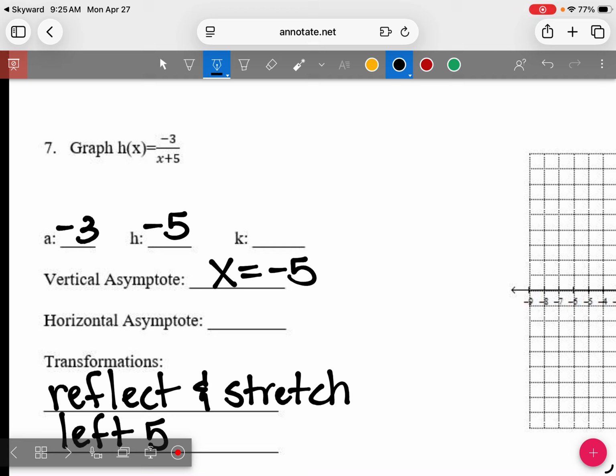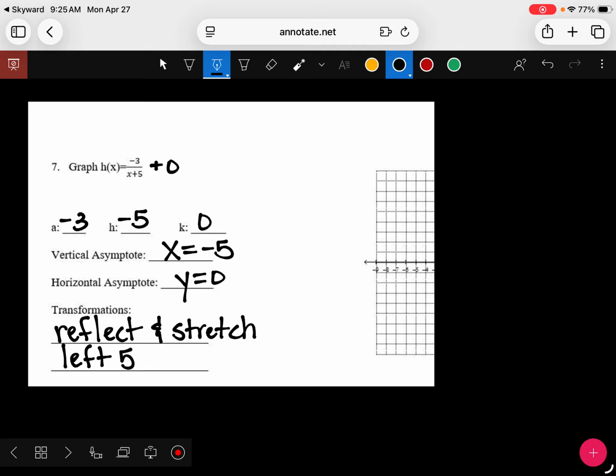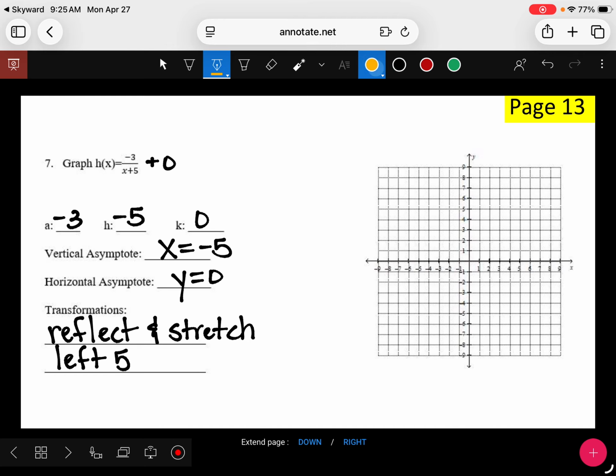When you don't see a number for H or K, it's 0. So K, there's an invisible +0 out here. K is 0, so it doesn't go up or down. So we have Y equals 0. I'm going to take my 2 color pencils. I'm going to draw in a horizontal line, which is going to be right on top of the x-axis, because that's Y equals 0.